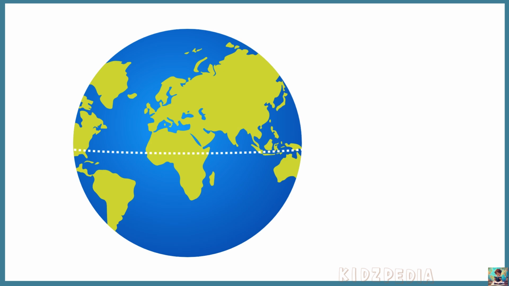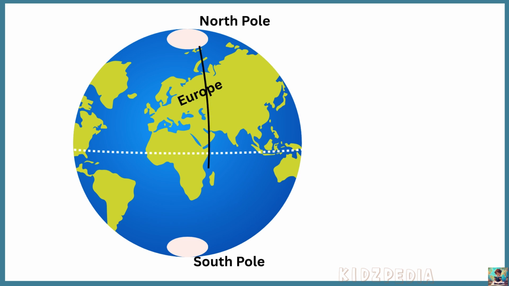Now, let's say you're traveling from the North Pole straight to the South Pole in the shortest way possible. When you look at the globe, you will see that you can pass through many different places. Like, you can pass through Europe like this, or like this through Africa, or like this through Asia.